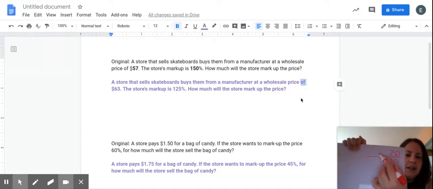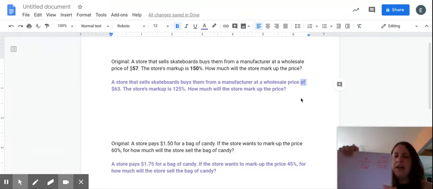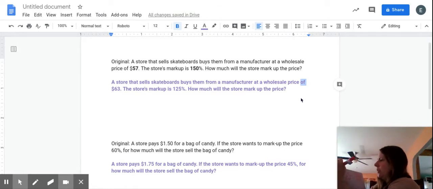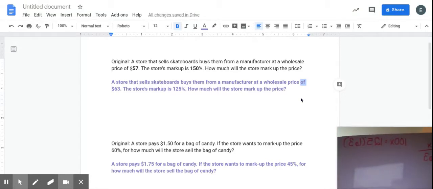Remember, is of. So the 63 goes on the bottom and x goes on top. I'm going to cross multiply. So I have 100x equals 125 times 63. That's how I get that equation set up.